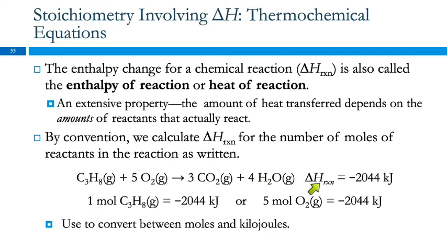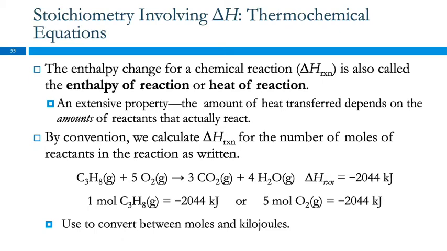In that process, 2,044 kilojoules are released. This happens when 1 mole of propane burns. But if I wanted to relate it to oxygen, it would be this much for 5 moles of oxygen. So we write delta H over here as just kilojoules.